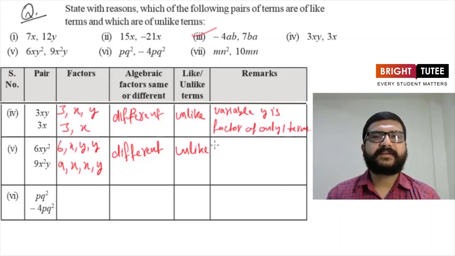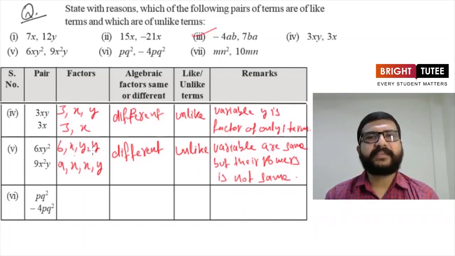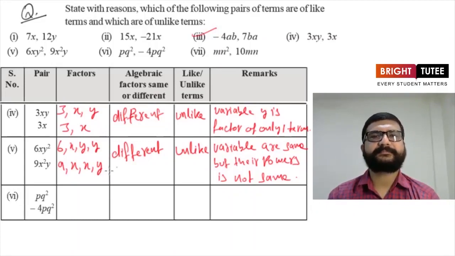So it means what we can say, variables are same but their powers are not same. So two terms are like terms if the variables are exactly same and their powers are also exactly same.